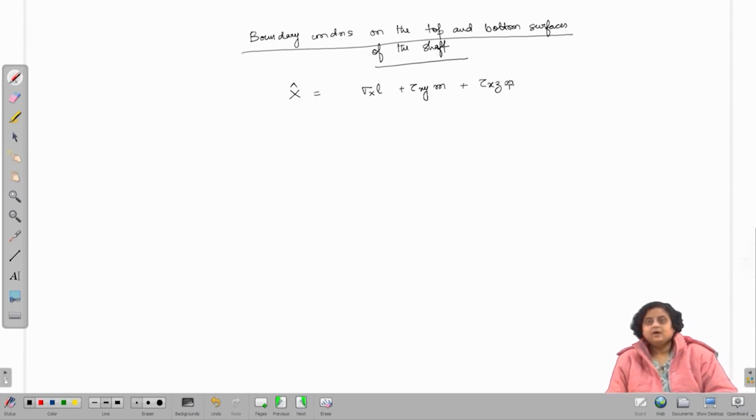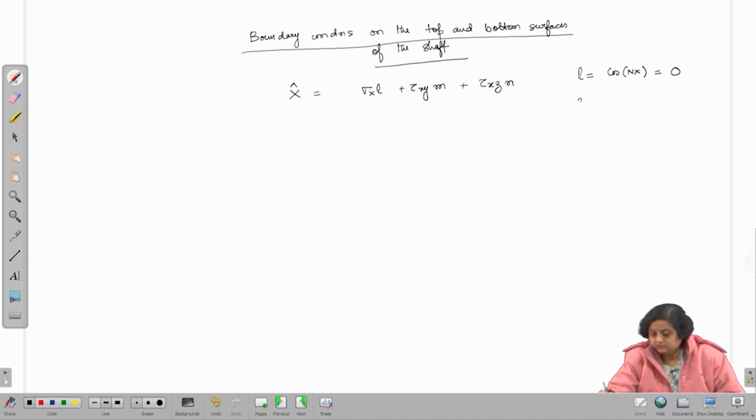Now, let us see what are the direction cosines L, M and N on the top and bottom surfaces. So, L is cos n x, which is going to be 0, because the n on the top and bottom surface is along the z direction. So, it is going to make an angle of 90 degree with the x and y axis.